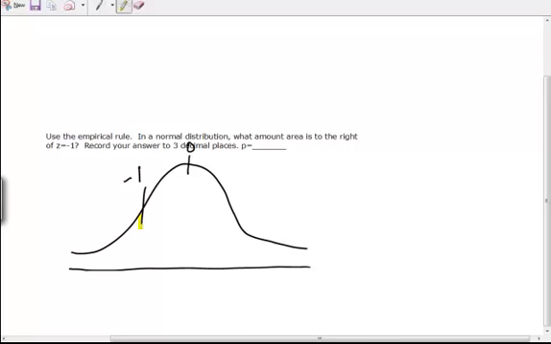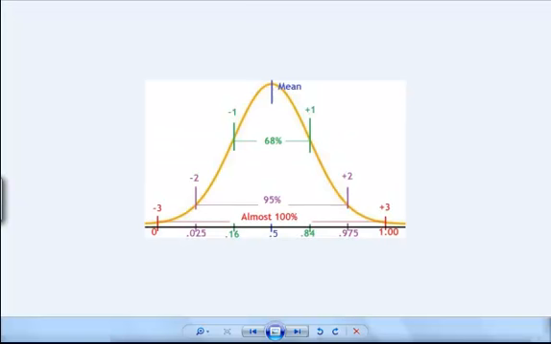And so what I'm going to do is shade to the right of -1 all the way over to here. Now, the other part that's really important from that chart is not only the numbers that you saw at the top, but also the numbers that you see down here at the bottom.